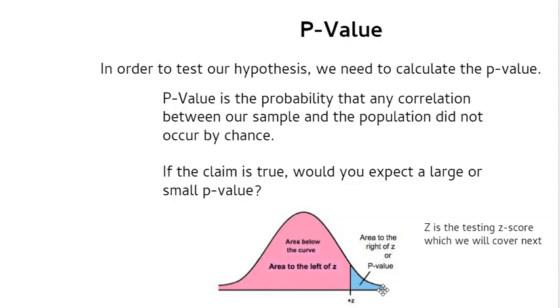So we know the normal curve here. In the middle of the normal curve is where you would expect the population to be, where you would expect 50% to be. Your p-value is this area to the right of what you get from your sample. So you would want your p-value, you would want this line here to move closer to the middle.